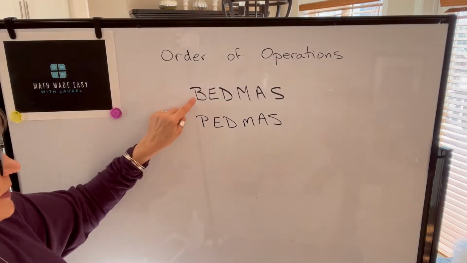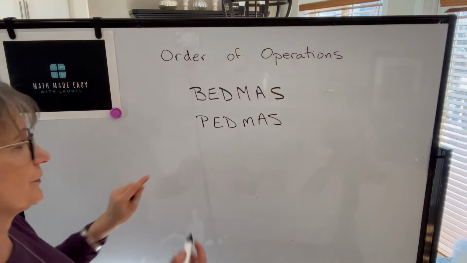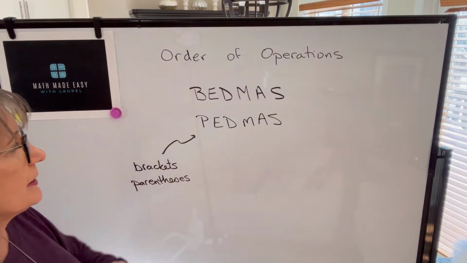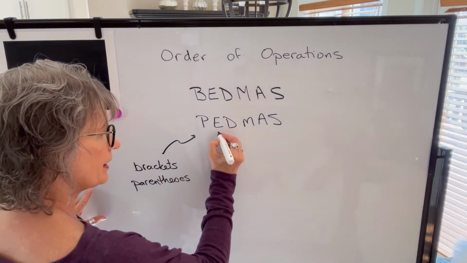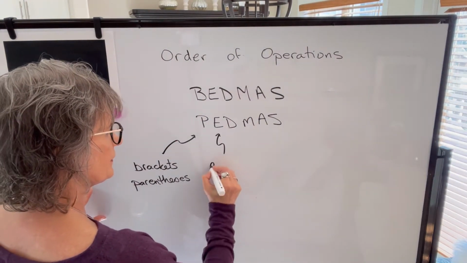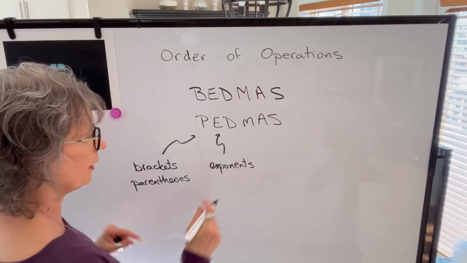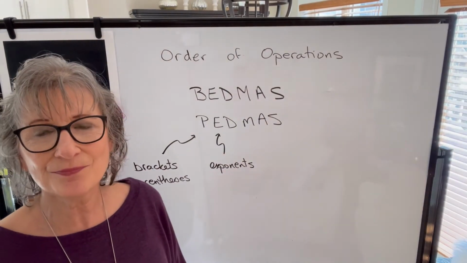So first step is we do brackets or parentheses first. Once we've simplified what's inside our parentheses or brackets, then we look at our next operation, which is exponents. And we'll take a look at how we do that with examples shortly.